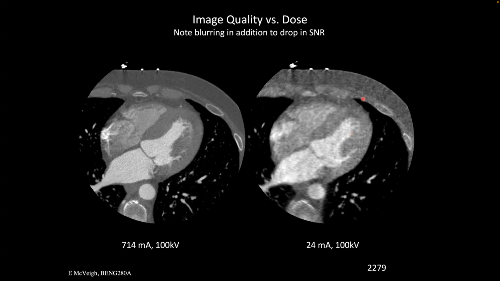And we're getting a reasonably good picture for virtually no X-ray dose, right? 24 mA would give you a dose of like 0.05 millisieverts or something. It's like an epsilon change in your annual dose absorption. And yet the picture, depending on what you want to do, is probably adequate.